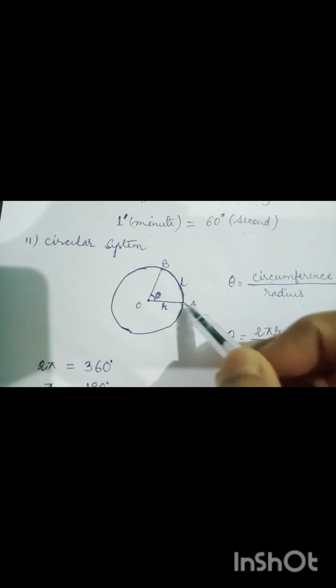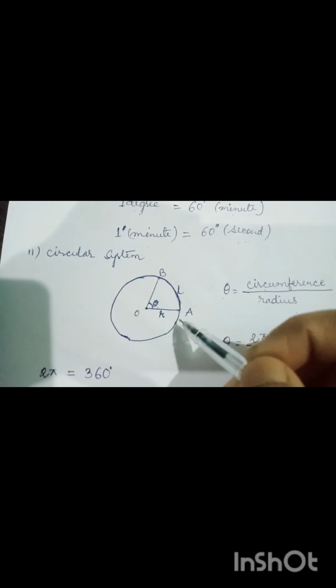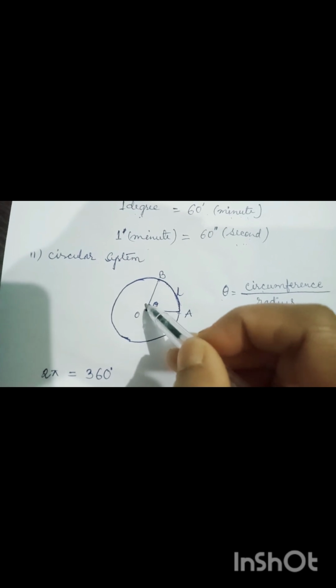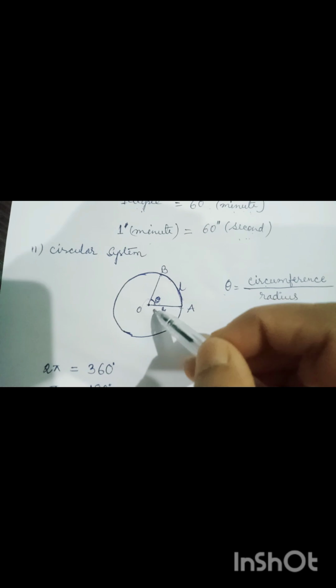So when arc length increases, the value of the angle also increases. And once B reaches A, then it completes one rotation, and this gives us the value 360 degrees.